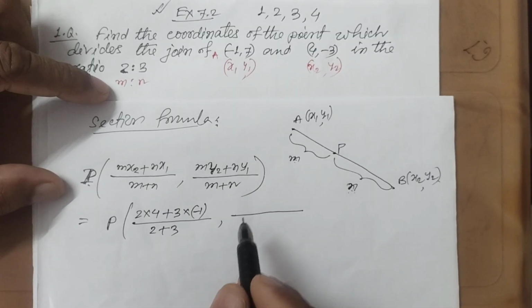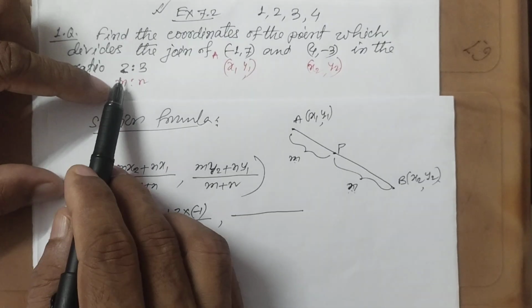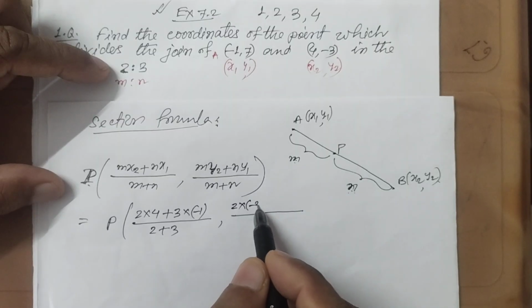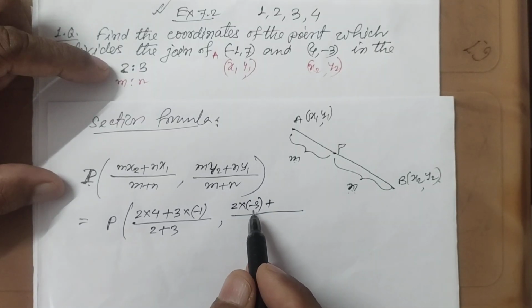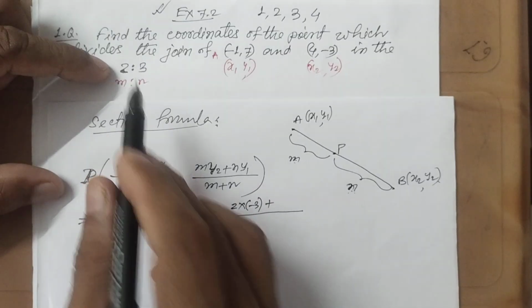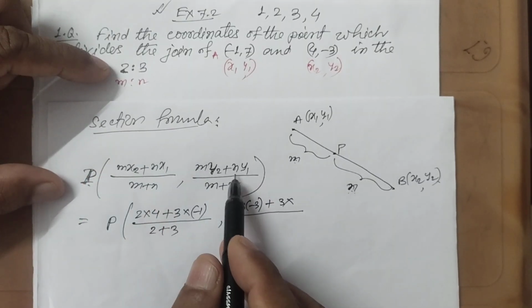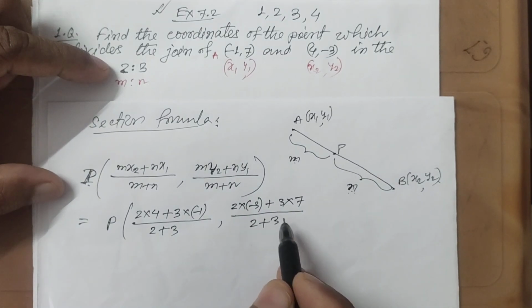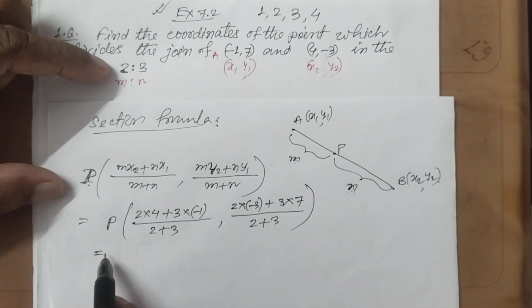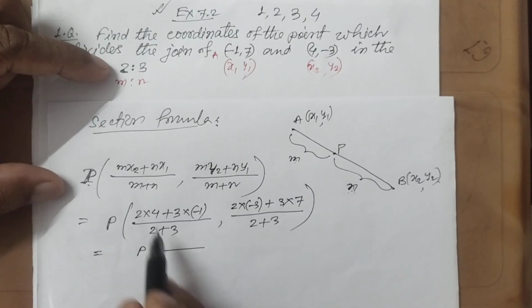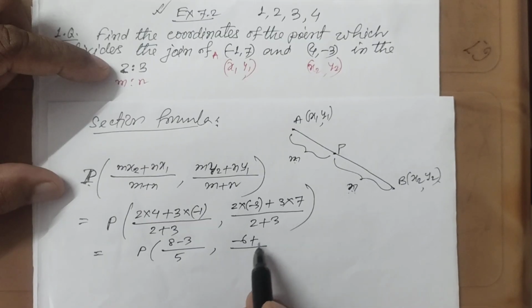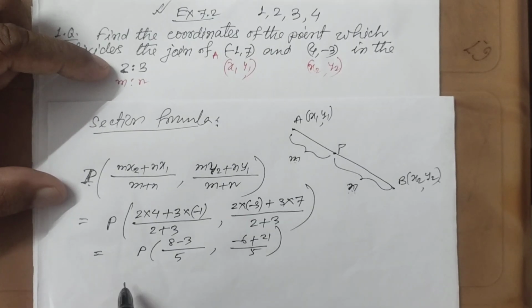And the second coordinate is given by m y2, m is 2 into y2 is minus 3, if negative you keep in bracket like this, plus n y1, n is 3, n into y1 value is 7, by m plus n, that means 2 plus 3. If we simplify, you will get the position. 2 4s are 8 minus 3 by 5, and this is minus 6 plus 3 7s are 21 by 5. You can do the simplification yourself.